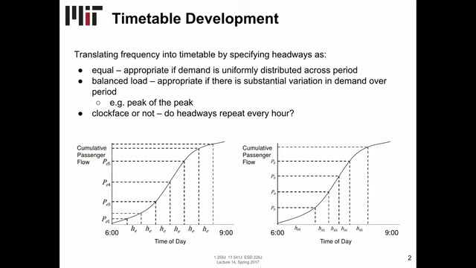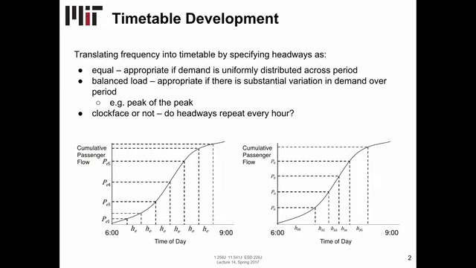In order to do this, what you need to do is to generate the cumulative passenger flow arrivals. If you distribute your headways on the time axis, you will get even headways or equal headway service.